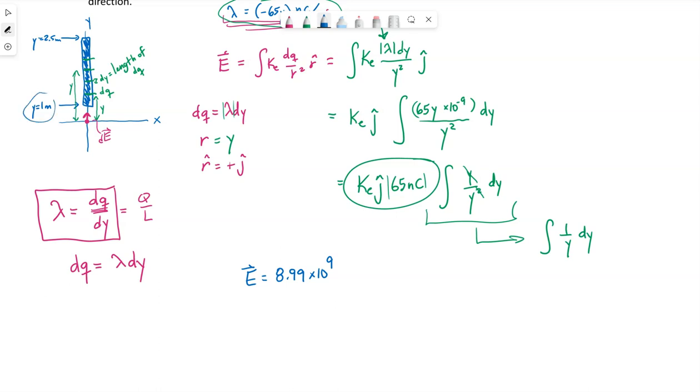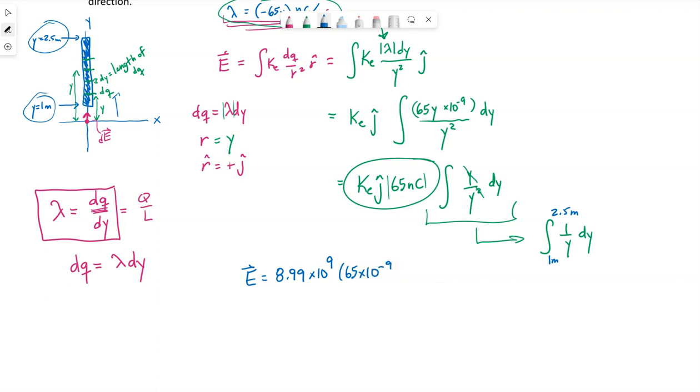And so our limits are always the ends of the rod or the line of charge. This lower limit will be 1 meter because that's where we would start as we move along the y-axis. And the charge ends at 2.5 meters. And so the upper limit will be the 2.5 meters.